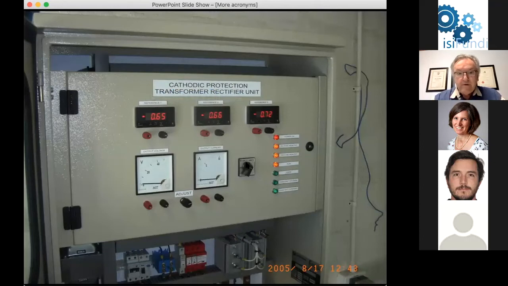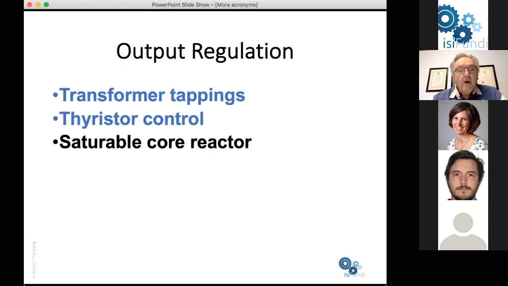There are various different control modes, and the output is adjusted by means of a simple potentiometer. An alternative to thyristors is what is known as a saturable core reactor, also known as a magnetic amplifier, which gives us a constant current characteristic. These units find quite a lot of application, but they can also be somewhat problematical.